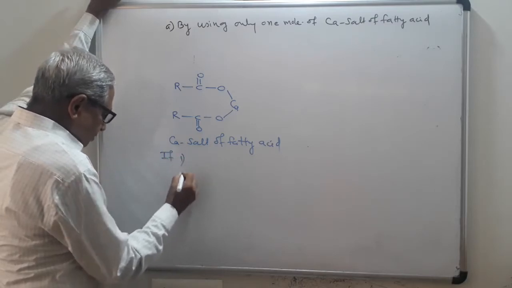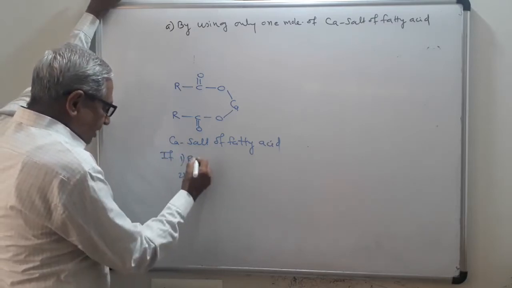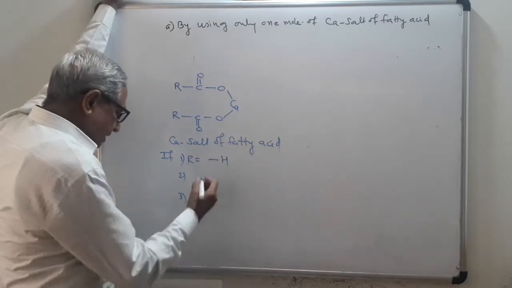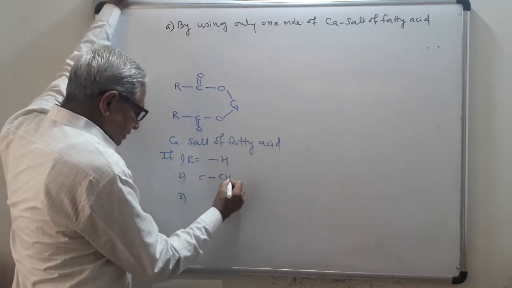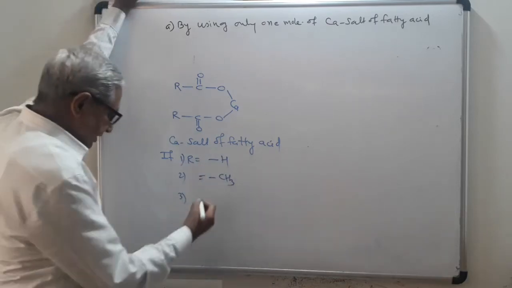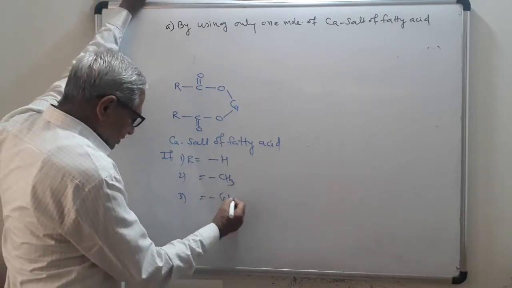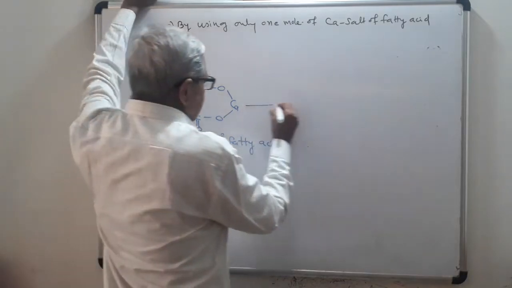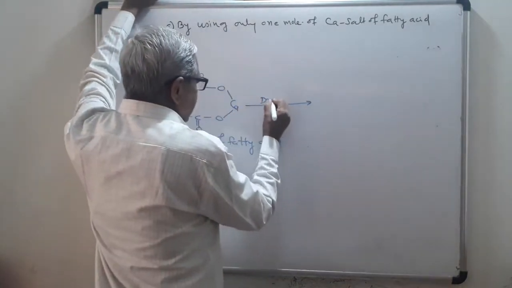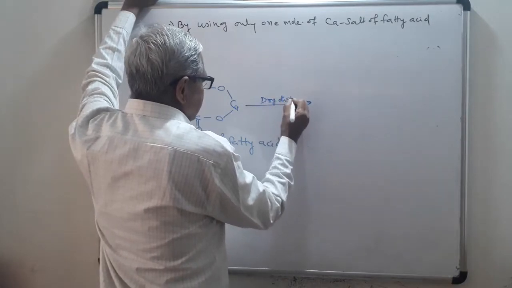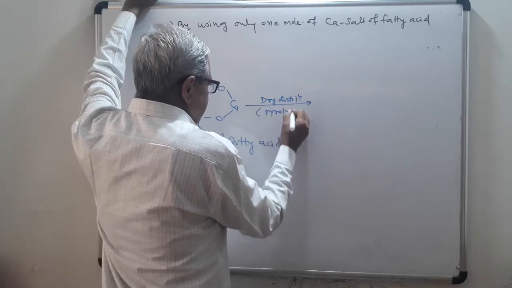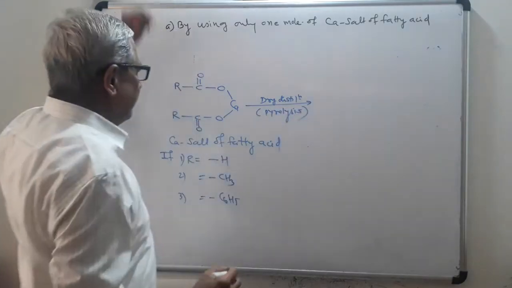If R is equal to H, that becomes calcium salt of formic acid. If R is equal to CH3, calcium salt of acetic acid. If R is equal to C6H5, calcium salt of benzoic acid. You will do the dry distillation here. It is also known as pyrolysis, that is distillation in absence of air.